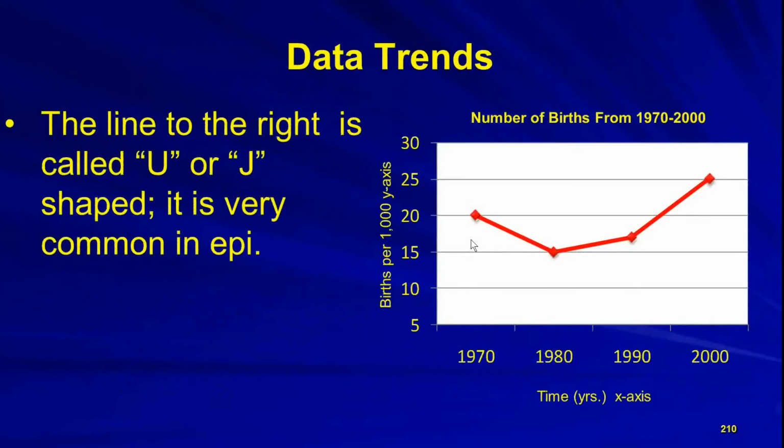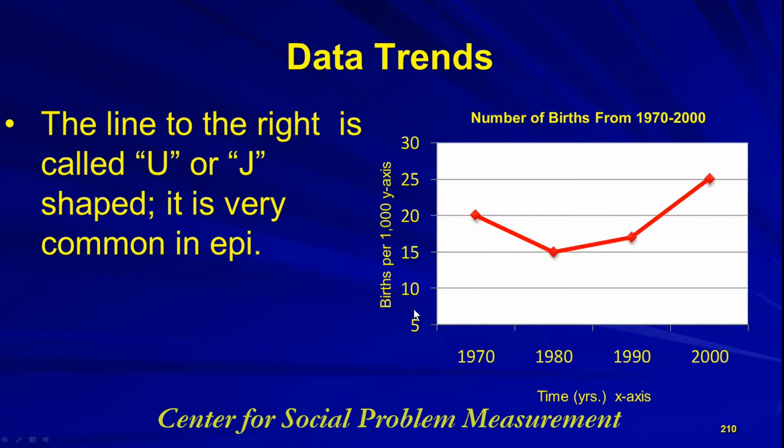Okay, now I want to talk about that U-shape and J-shape curve. You can see that we just took the data from that which we calculated in the prior slide, and we're looking at number of births from 1970 to 2000. We're looking at births per 100,000. This is typically the way it's done.